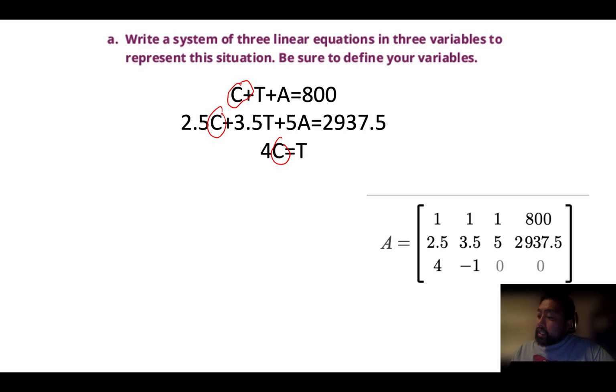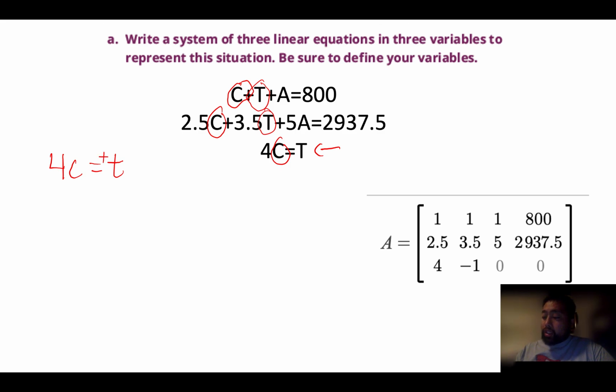But if you notice, T is on this side, but T is on this side of the equal sign. So we need to move that over to the left. So what I would do is 4C equals T. And how will we move T to the other side?